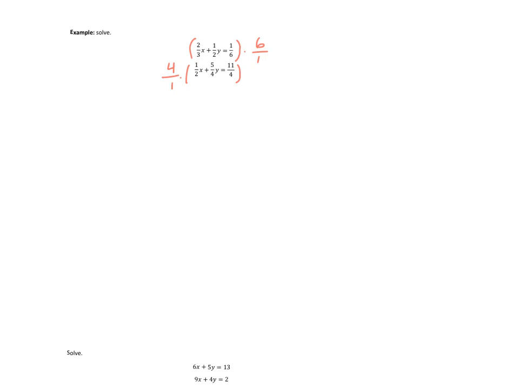Okay, so let's remind ourselves how to do this. We'll go slow. So remember, multiplying both sides after we distribute everything is like multiplying each term by 6.